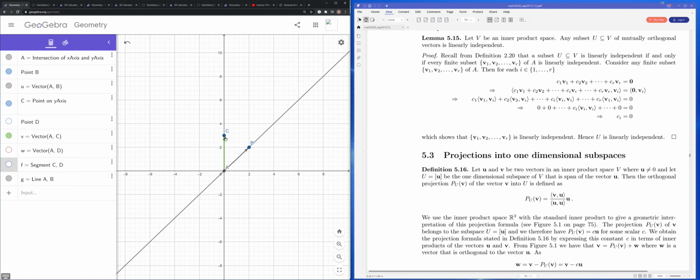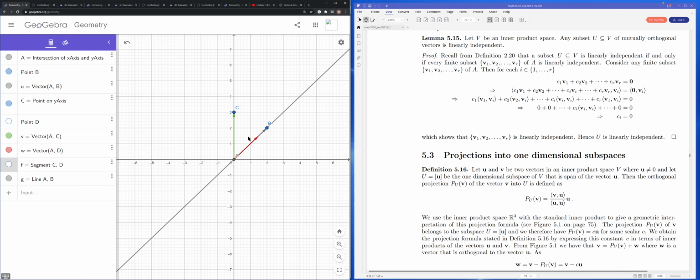So the projection of this v into the subspace capital U is going to be a vector that lies in the subspace U. It's going to be this red vector here. So the projection of v into the subspace spanned by u is this red vector, which actually lies in the subspace U. When you project into a subspace, you get a vector that's actually lying in the subspace.